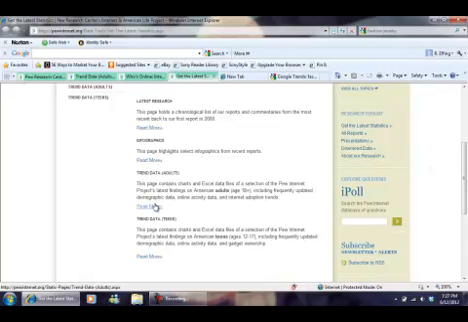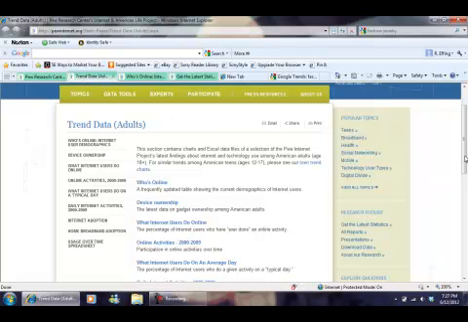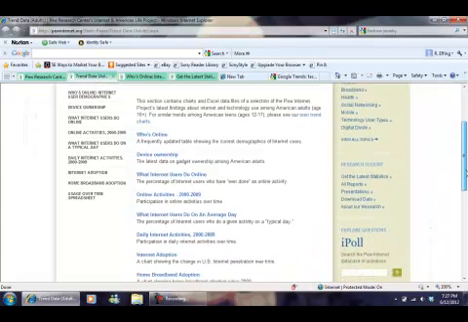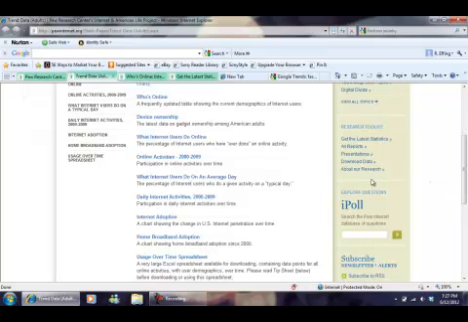So when we click on Read More, we are brought to the trend data page where we're provided with additional reports such as who's online, what internet users do online, and several other reports that you should take a look at. We were just going to take a look at who's online. What percentage of certain subgroups are mainly online using the internet?